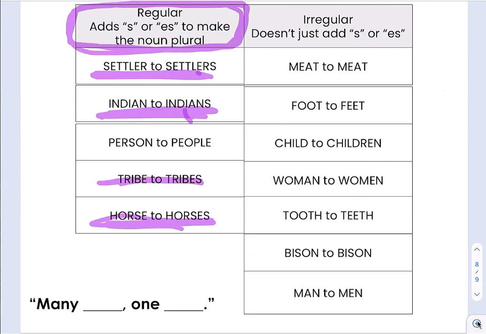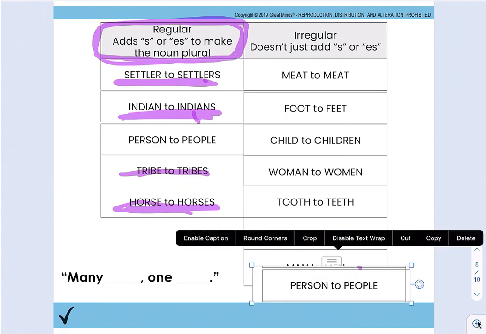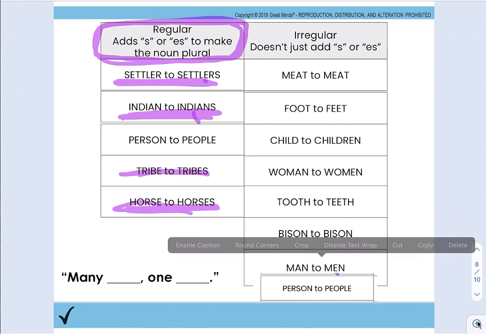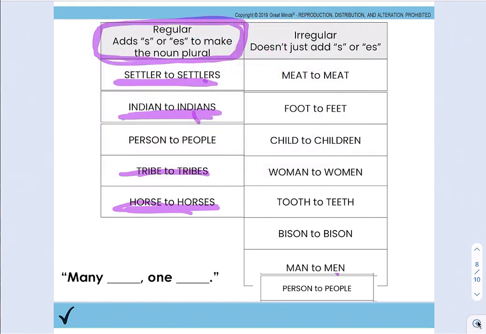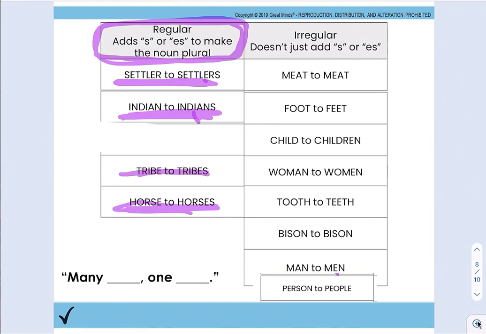And we'll put it on with the other category. Person to people. And then let's get rid of person to people over here.